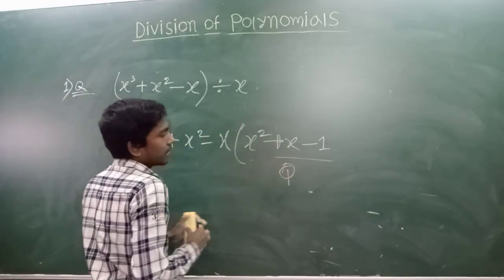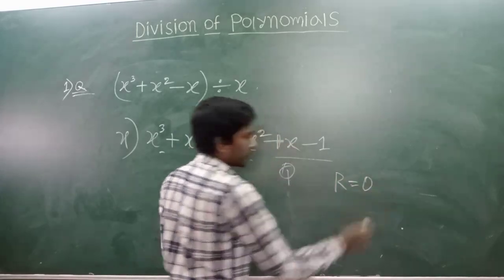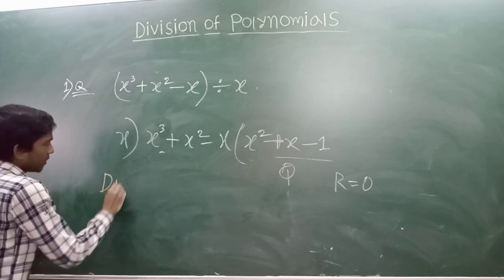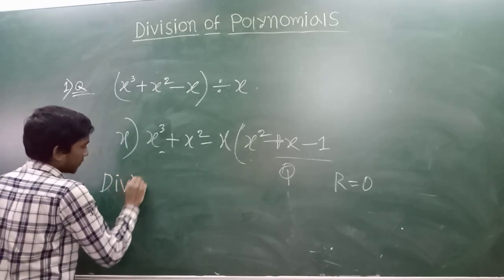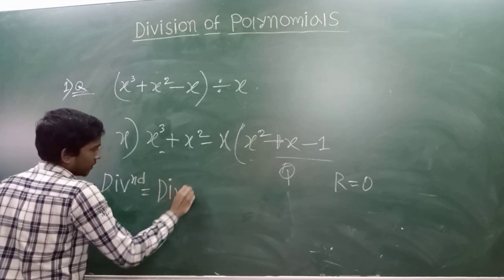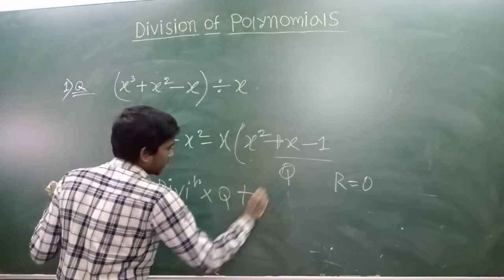Quotient is this, and remainder r is 0. Okay students, now you know the division algorithm, that is dividend is equal to divisor into quotient plus remainder.